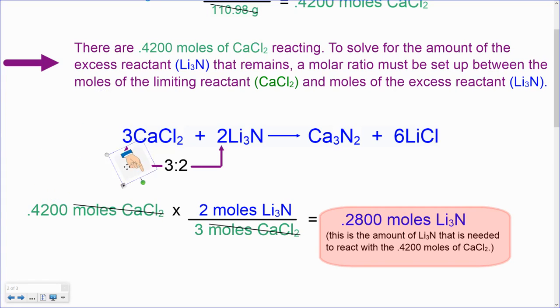So for every 3 calcium chlorides, we're going to need 2 lithium nitrides. You complete the math, and we need 0.2800 moles of lithium nitride to react with the 0.420 moles of calcium chloride. For this reaction, then, 0.2800 moles of lithium nitride will be consumed.